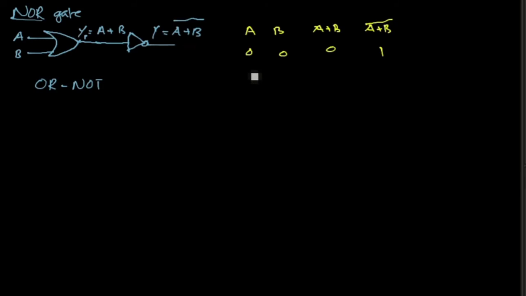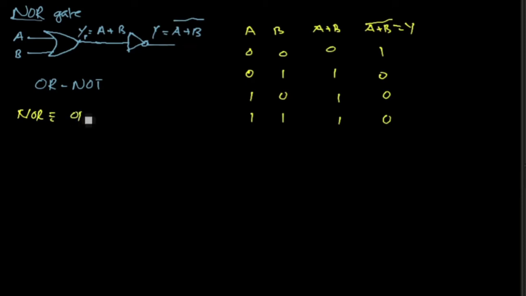Then when A and B are 0 and 1, A or B is 1, so A or B all complement is 0. When 1 0, A or B is 1, so A or B complement is 0. When A and B are 1, A or B is 1, A or B all complement is equal to 0. This is the actual output of this circuit, the NOR gate.